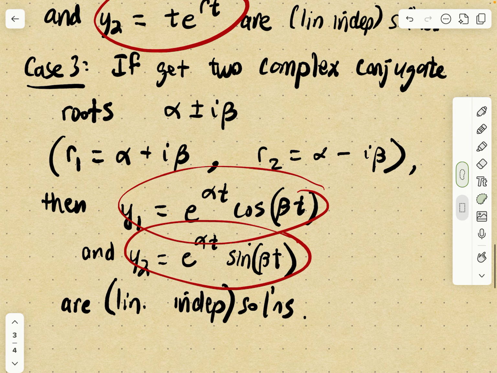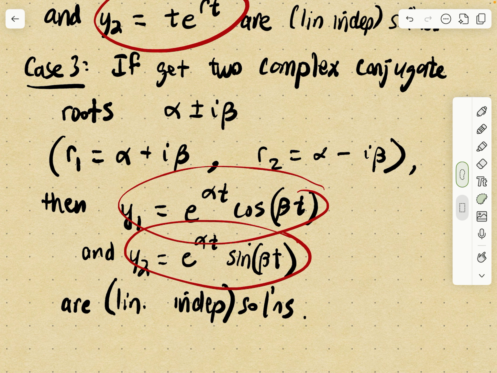Case 3 is probably the least obvious where this comes from, because you can check that if you take the derivative of each of these things and plug them in, they really do satisfy the equation, right? That your y satisfies this differential equation. But it's not easy to see how anyone would come up with this.